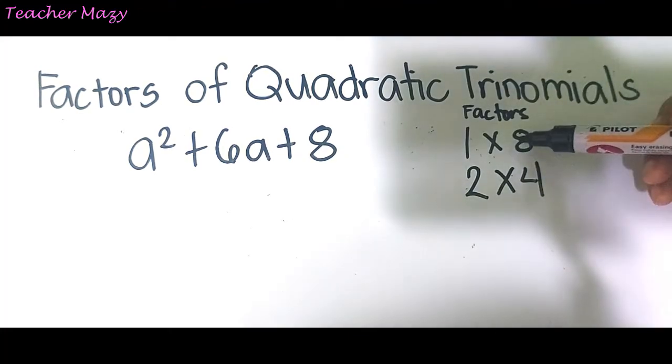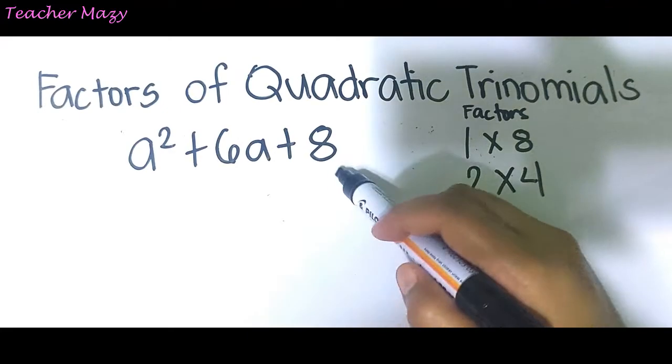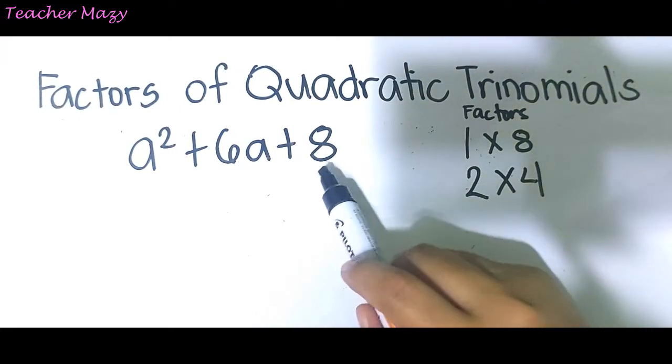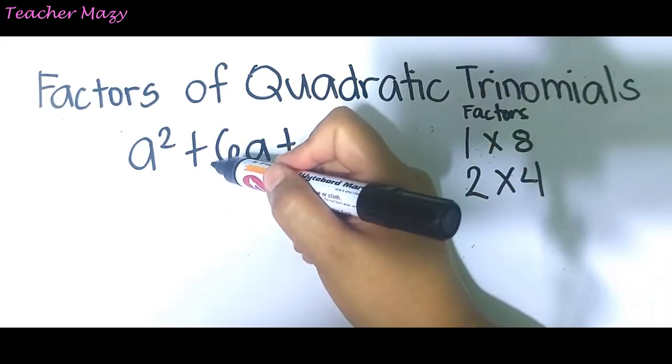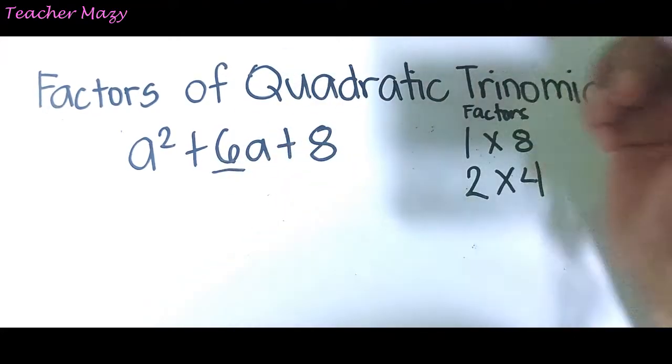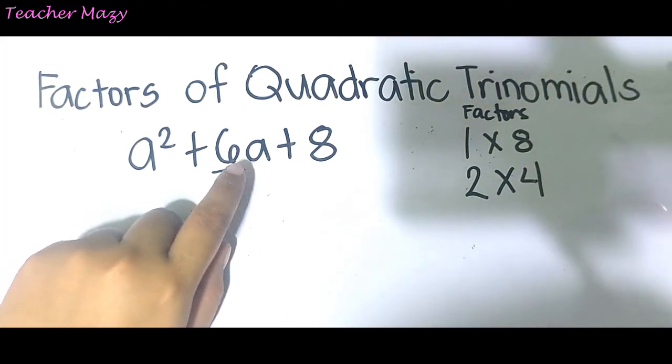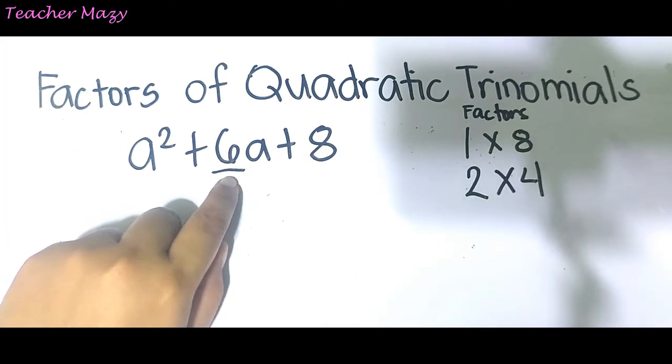So 1 times 8 and 2 times 4 are the factors of 8. We are looking for the factors that, if we add them, equal the numerical coefficient of our middle term. In this case, we are looking for positive 6.